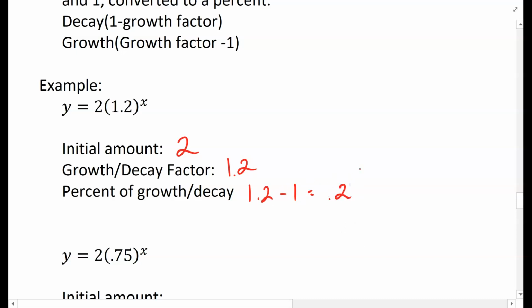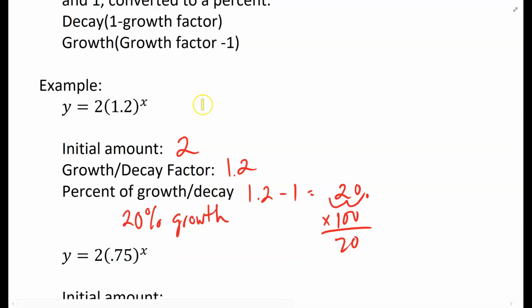Now that right there is not a percent, that's just a number. To convert that to a percent, we can either move the decimal place 2 places to the right, or we can multiply by 100 to get 20. Either way, just moving it to the right 2 places is just a shortcut. We'd be able to say that there's going to be 20% growth. Okay, so this one here is a percent growth because this was growth. B value is greater than 1.